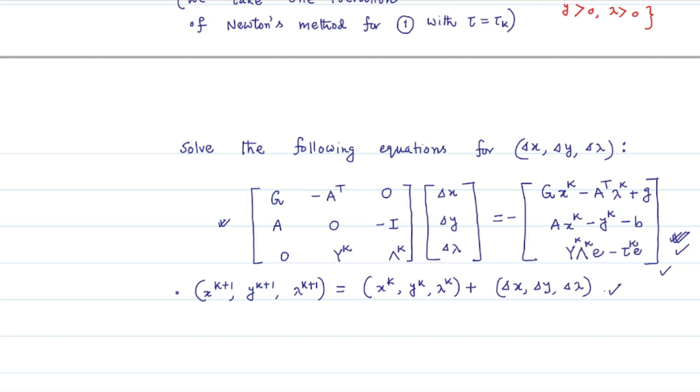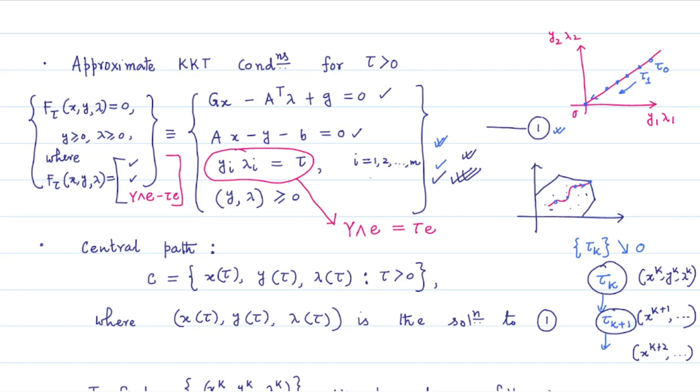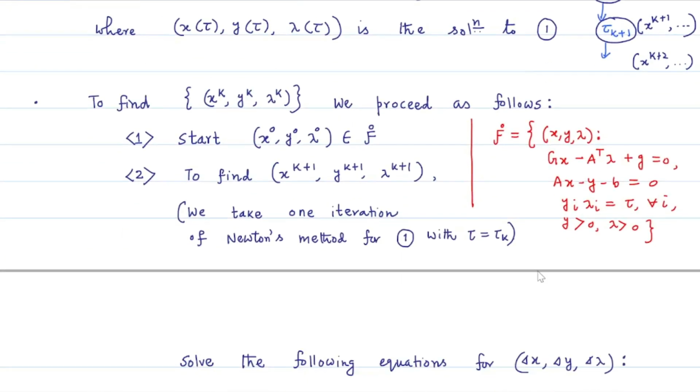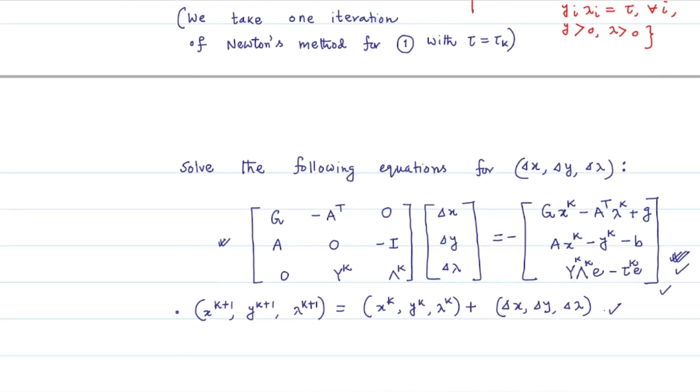But when we aggressively take the value of tau is equal to 0 and then go for solving this system, then you will face difficulties of the Newton's method. But here in this process to generate the sequence xk, yk, lambda k, we are just using the Newton scheme, these equations, to find the consecutive iterative points. We are not solving these equations over and again for the same value of tau.